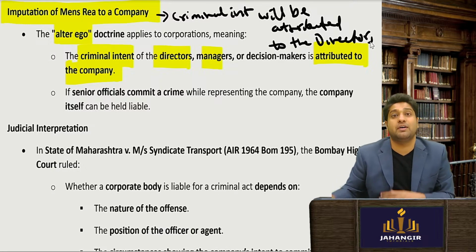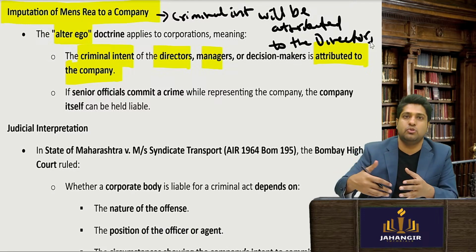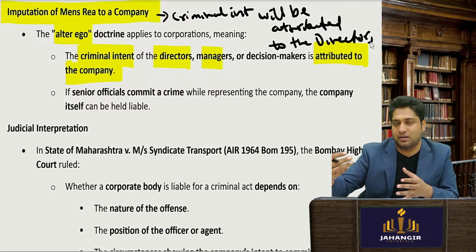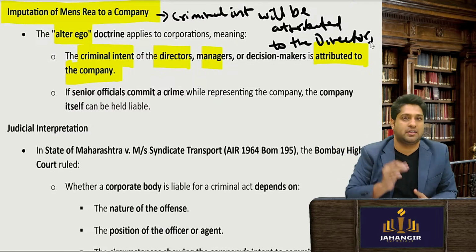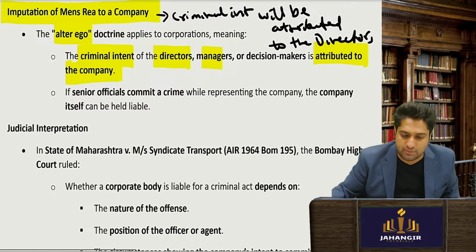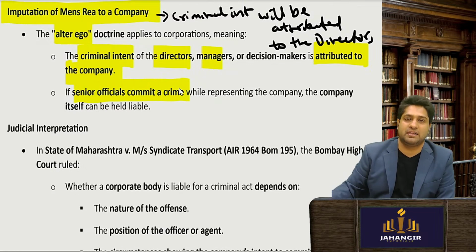Whatever we are saying, that the company has a criminal liability, the criminal intention we attribute to the company is further attributed to the directors. So who will be held liable? Senior officials will be assumed to have committed the crime.